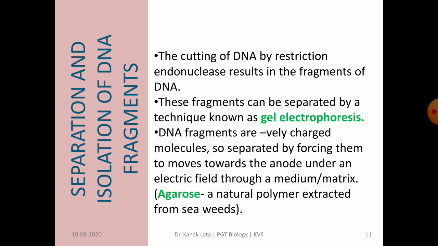As we know, DNA fragments are negatively charged molecules, so they can be separated by allowing them to move towards the anode under an electric field through a medium or matrix. The most commonly used matrix in gel electrophoresis is agarose, which is a natural polymer extracted from seaweeds.